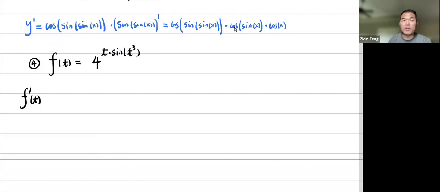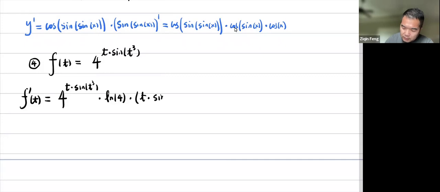We know a to the x, prime, is a to the x times natural log of a. So the derivative of the outer function is 4 to the t times sine of t cubed, times natural log of 4, then times the derivative of the inner function, t times sine t cubed, prime.